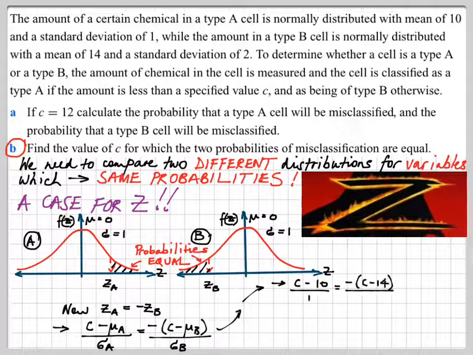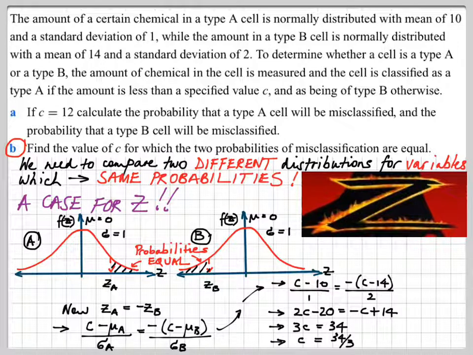The grand finale approacheth. Let's simplify that a bit. Get all the C's over one side, all the numbers over the other side, and C is 34 over 3, which happens to be 11 1/3. There it is.